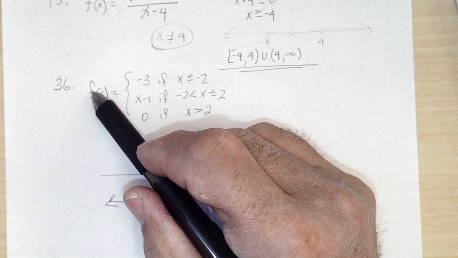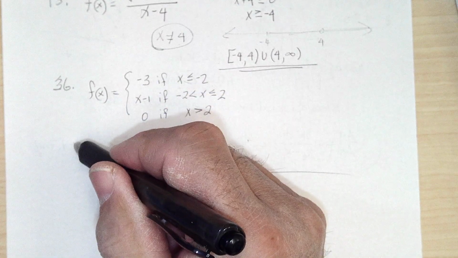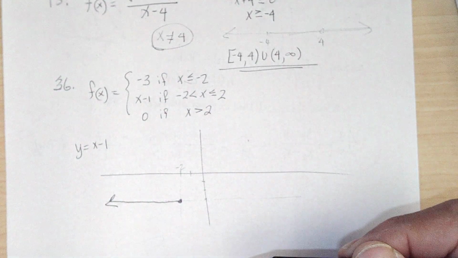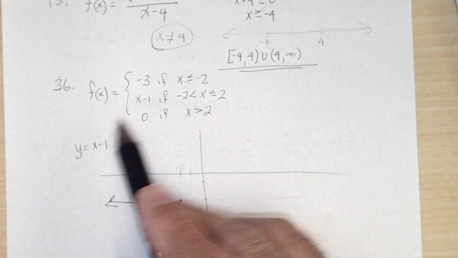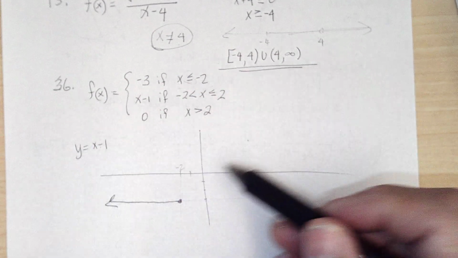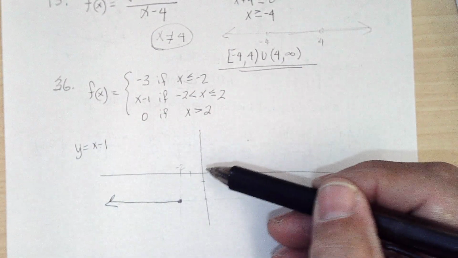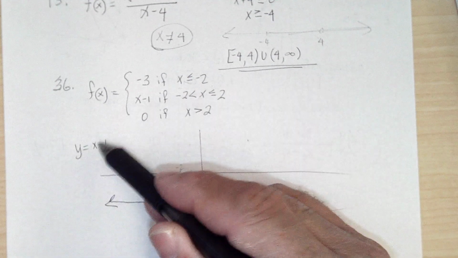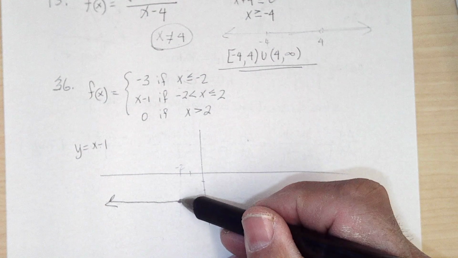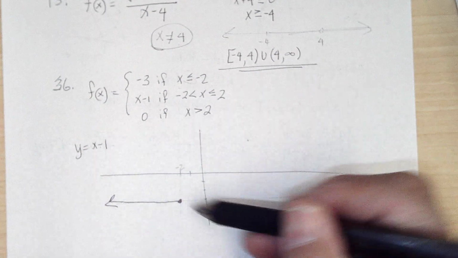Now this says y equals x minus 1. Now, you might remember that that's the y-intercept and the slope is 1. But if you don't, you can also plug in numbers. If I put in negative 2, minus 1 is negative 3. Negative 2, negative 3. Well, that's where this one was.